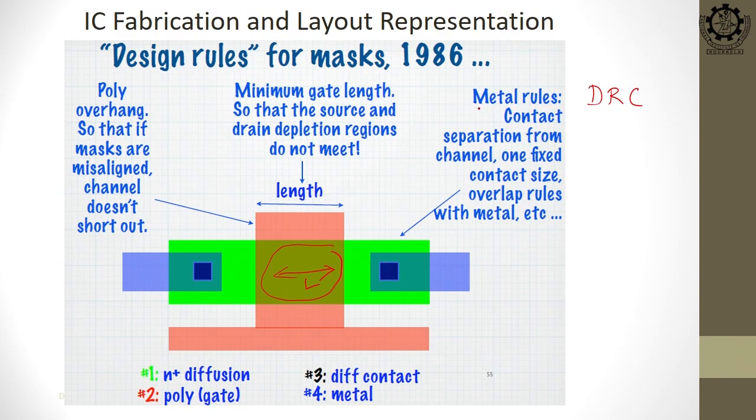Okay. So, there is a metal rule about the contact; you cannot keep it closer than that. All these minimum rules you have to satisfy. They are specified in terms of lambda. So, you have to be at least in multiples of this lambda, okay. You cannot be less than that.